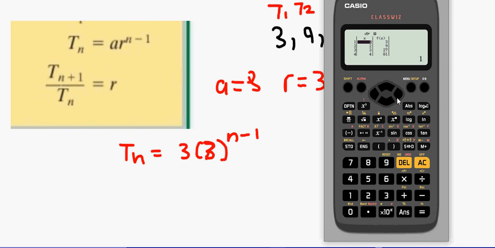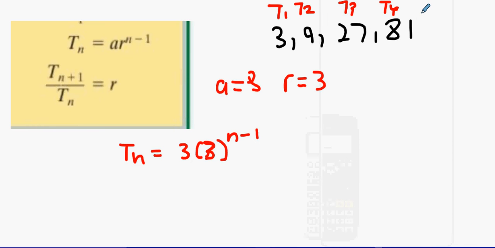And here's my results: 3, 9, 27, 81, 243, 729, 2187, 6561. They're your answers, aren't they? In this question you're asked to find the next 4 terms, and that is just keep multiplying by 3. Is that alright? All good so far?